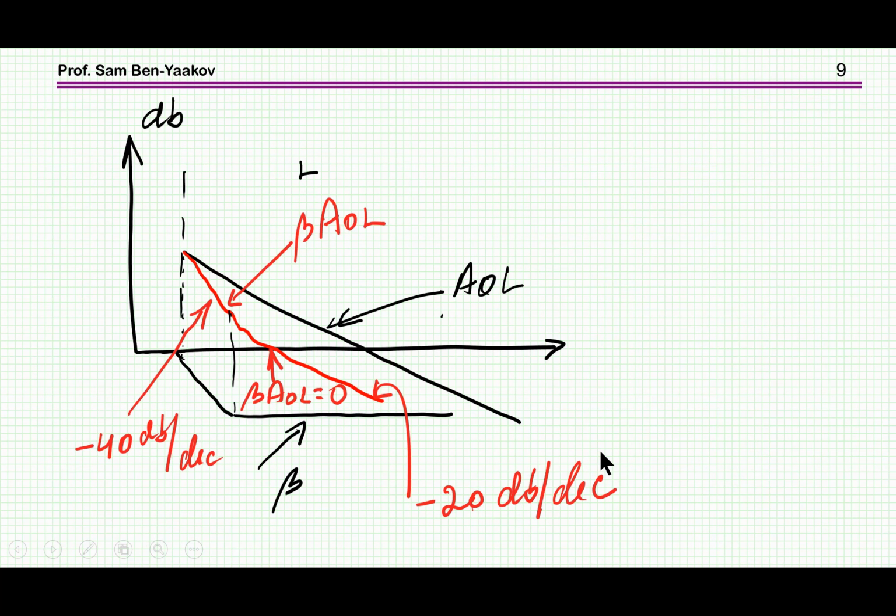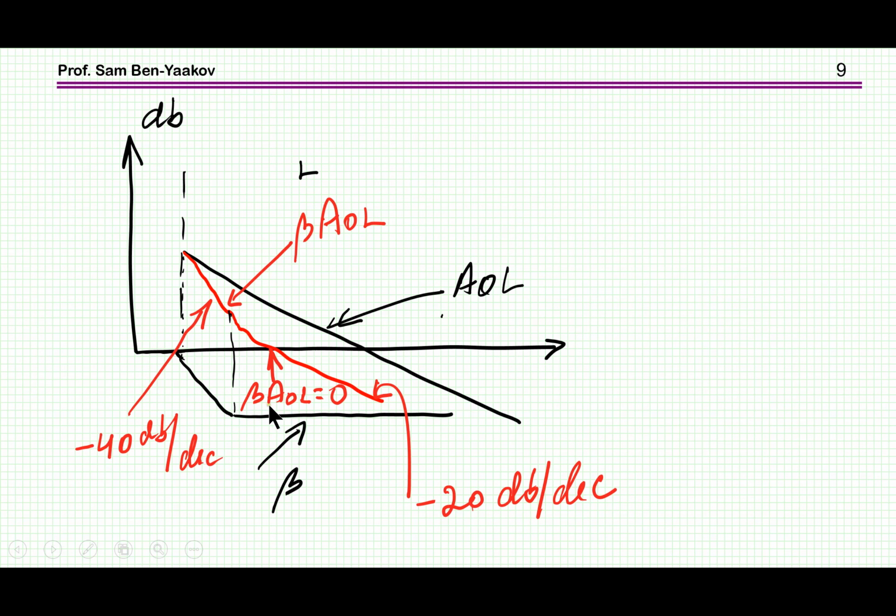So now we have the open loop. We have this beta, this is the beta, sorry. And when I multiply the A open loop by beta, this is now the transfer function of beta A open loop. Obviously, depending on the shape of this beta, I can set this crossover frequency.